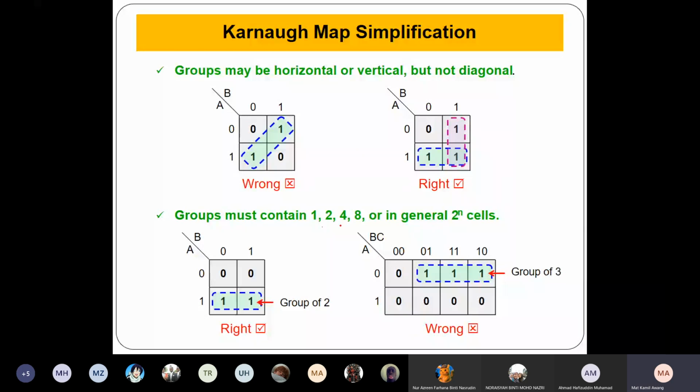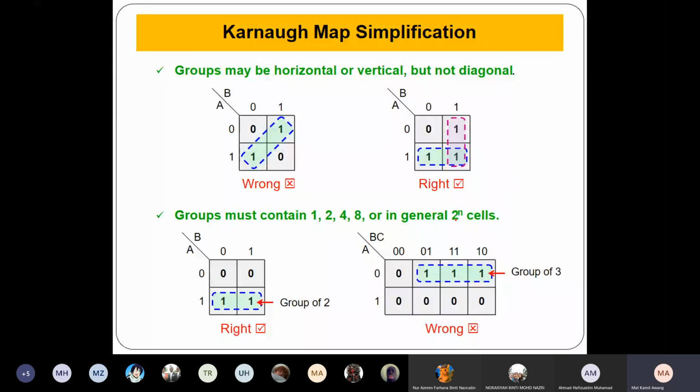Group must contain 1, 2, 4, 8, or in general 2 to the n cells. So this one, that 2 you can group. This one you cannot group. Of 3 cannot. The grouping can only be made for 1, 2, 4, 8, 16, 32.